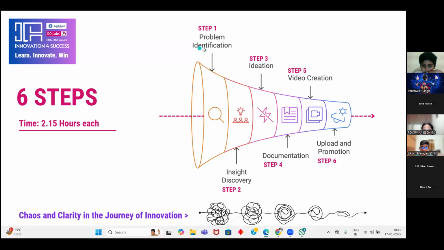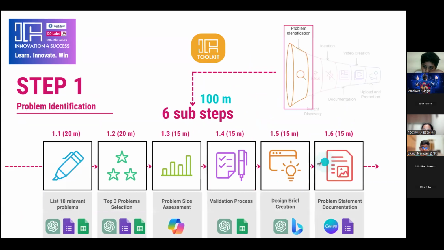Okay, so the first step is problem identification. And each of these steps will be having some sub-steps within it, and we'll be going through each of those in detail.